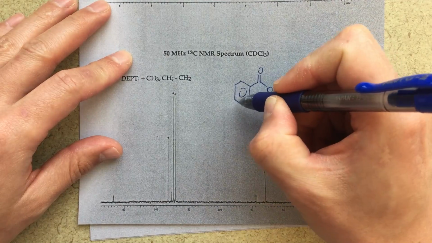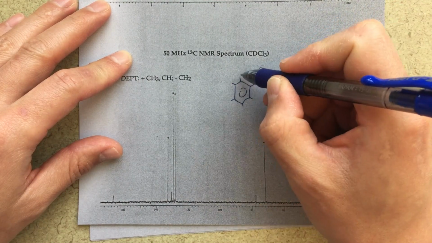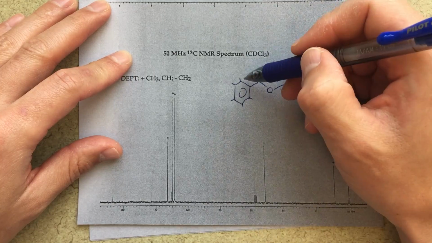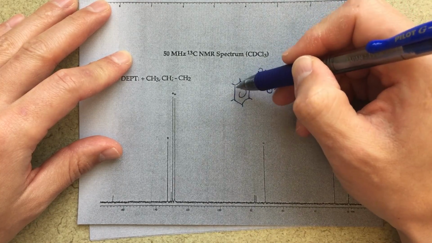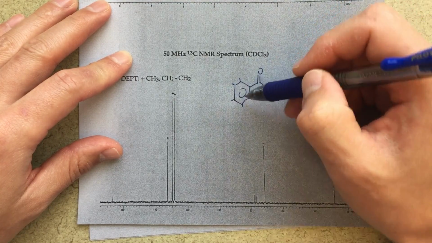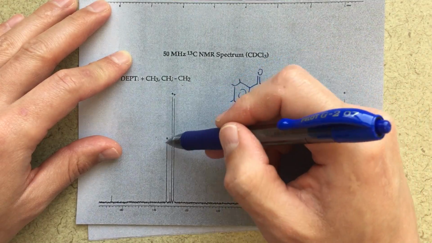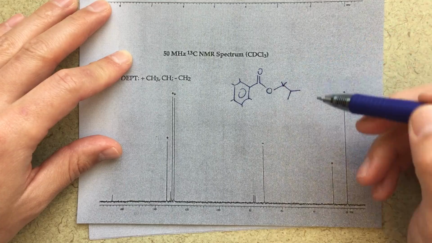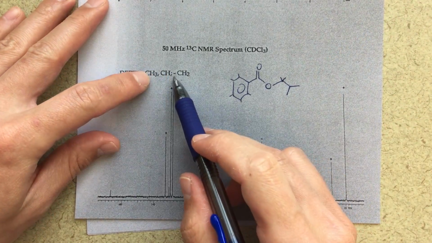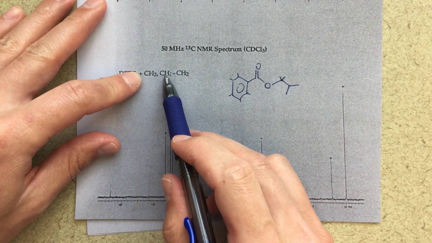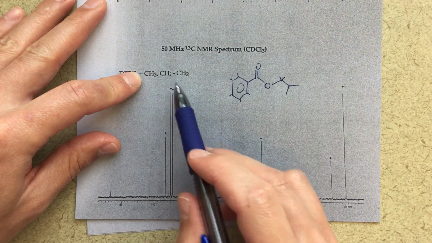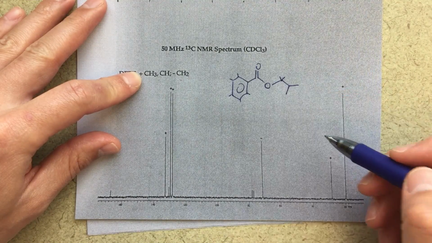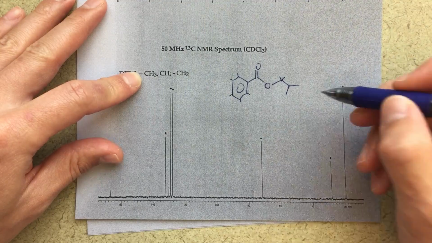So in this region here, I've got CHs. These two are going to be equivalent, so I've got 1, 2, 3 peaks that I should see over here, all CHs, so that's good. Here I've got a CH2. In my DEPT, the things labeled with pluses are CH3s or CHs, and the things labeled with a minus are CH2s. I've only got one CH2, so that's going to be right here.